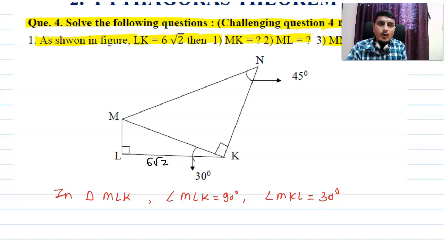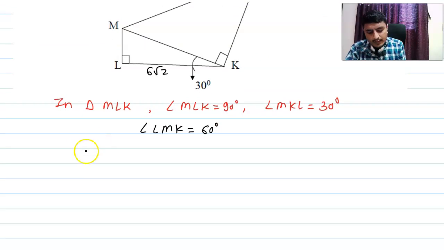Once the sum of all angles of a triangle equals 180 degrees, the value of angle LMK is equal to 180 minus 90 plus 30, that is 180 minus 120, so we get 60 degrees. So here we can write that triangle MLK is a 30 degree, 60 degree and 90 degree triangle.